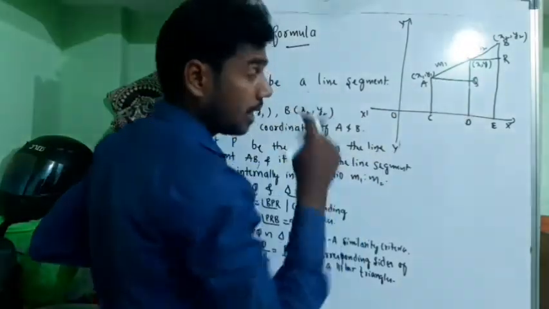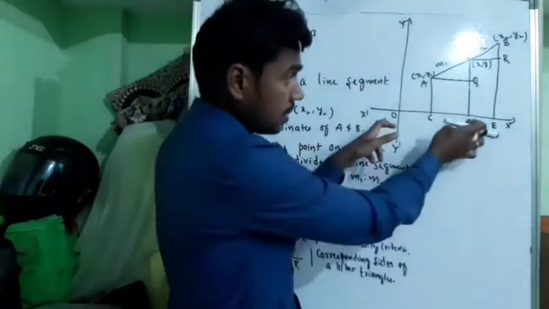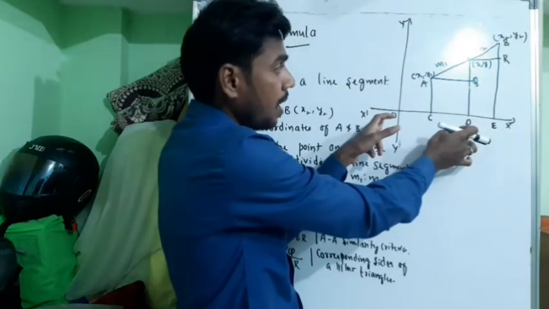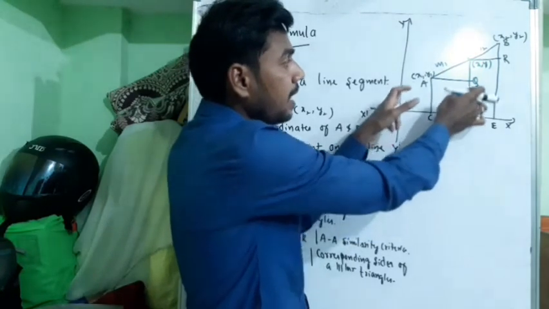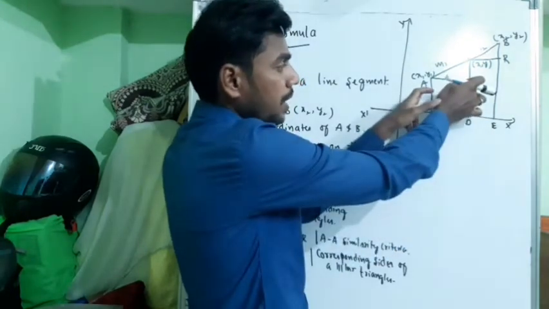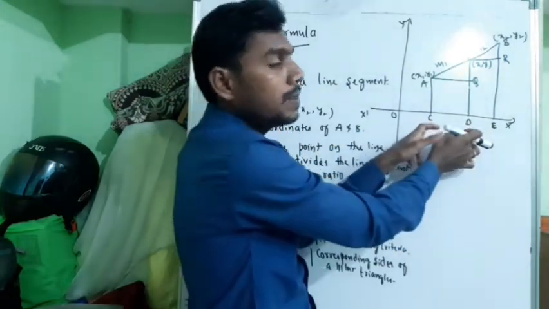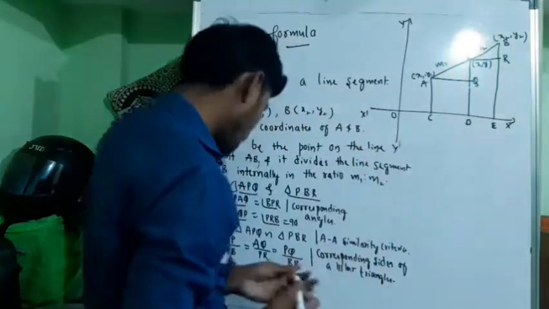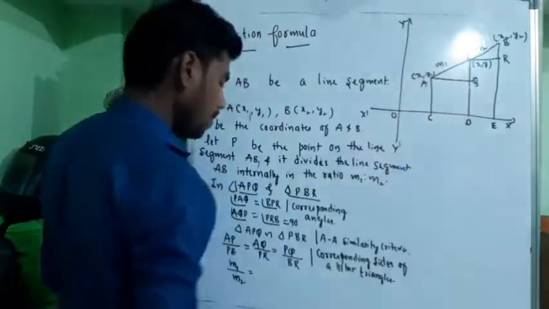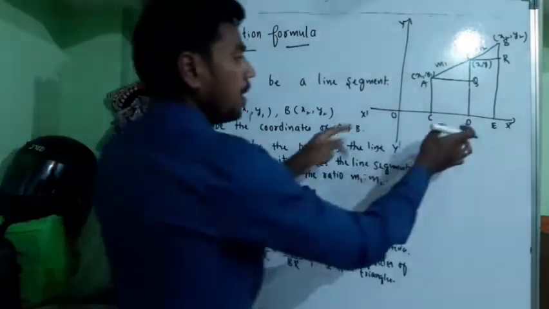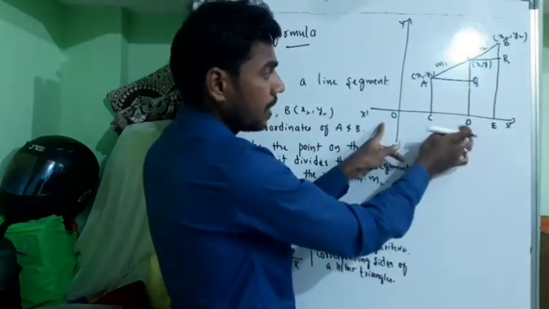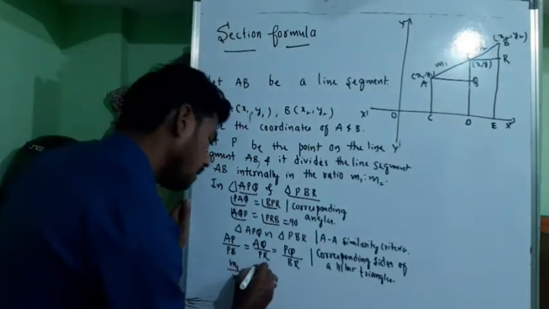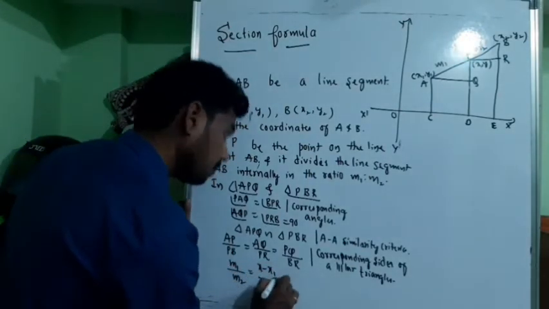AQ is equal to CD. The total distance is x, and if I remove x1, I will get CD, which is equal to AQ. So in place of AQ, I can write x minus x1.